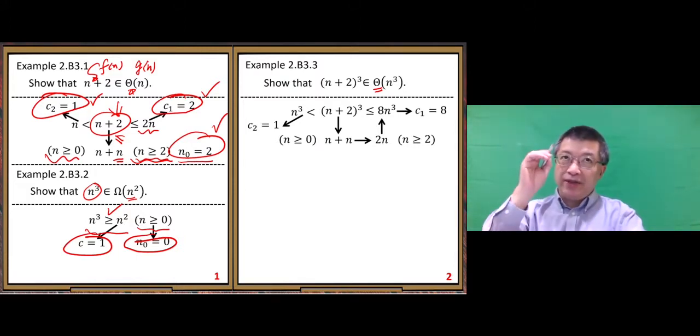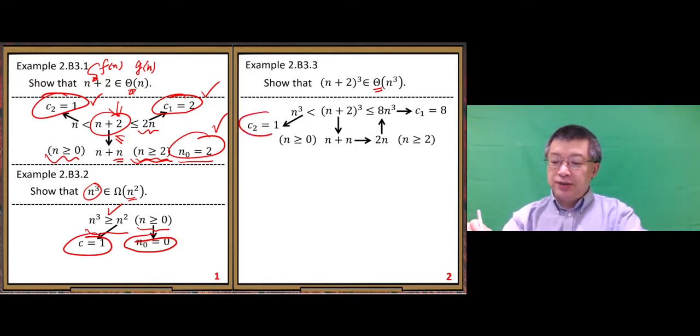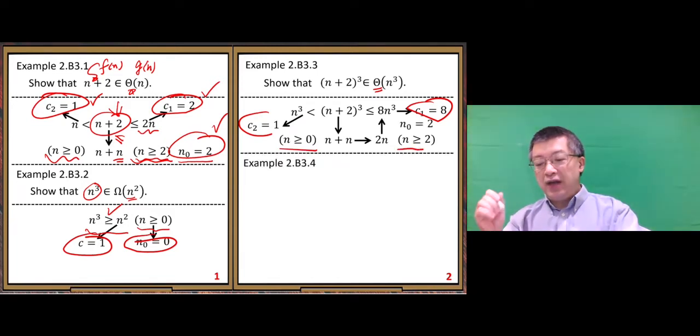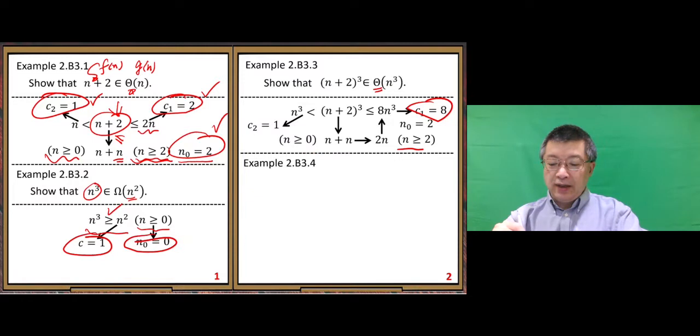So we get these three numbers: the C2 number, the C1 number, and n0. The last thing is n0. You need to consider these two cases, so n0 equals 2. All right, then, next.